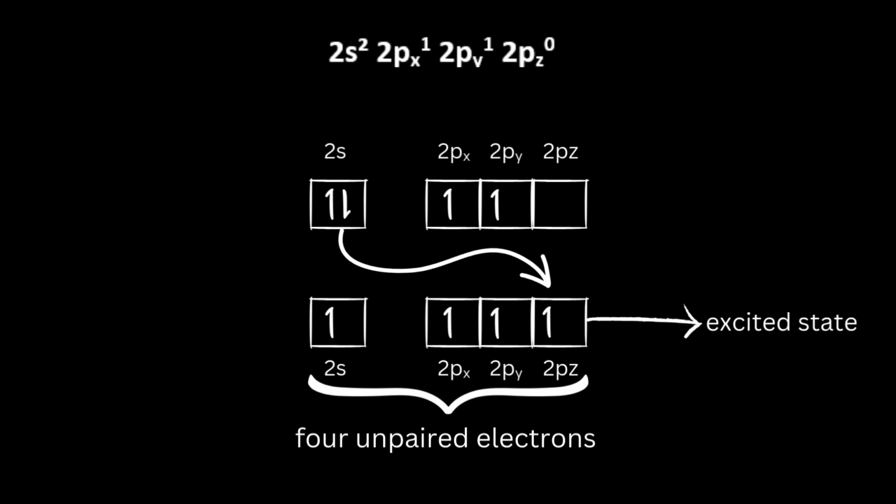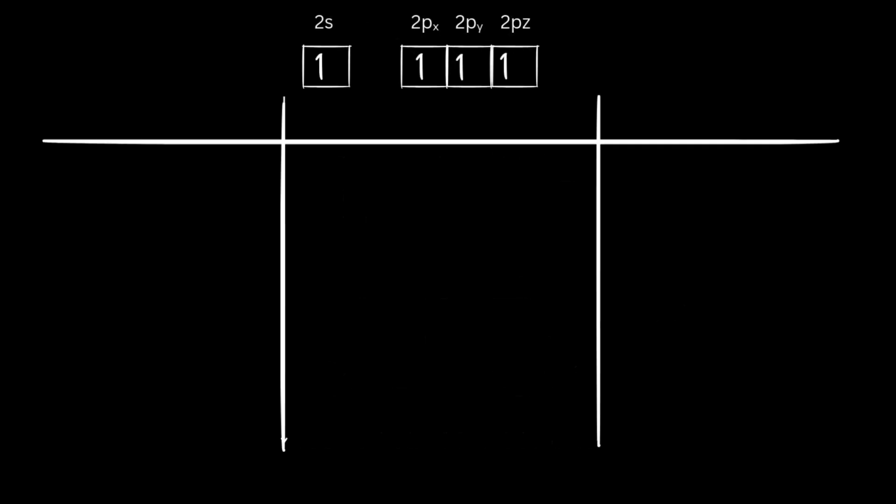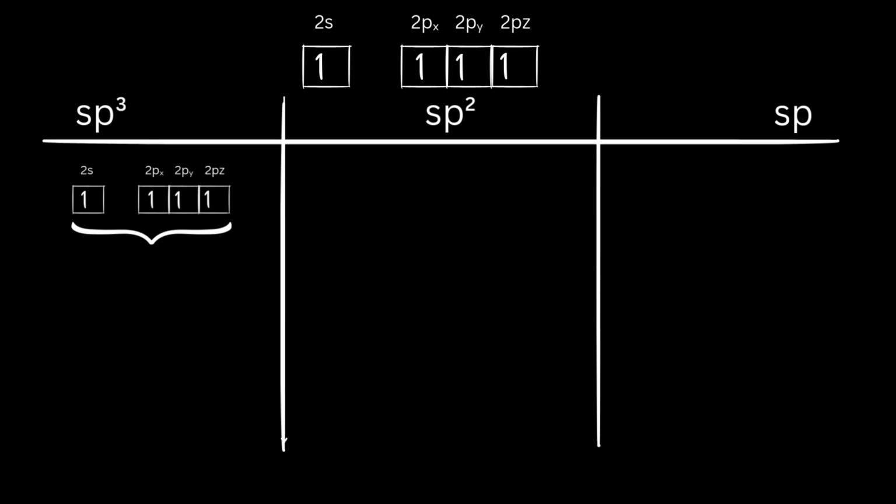As stated earlier, depending on the types of bonds carbon forms, it can hybridize in 3 ways, either sp3, sp2, or sp hybrid orbitals. In sp3 hybridization, the 2s orbital mixes with all the 3 2p orbitals, 2px, 2py, and 2pz, to form 4 equivalent sp3 hybrid orbitals.